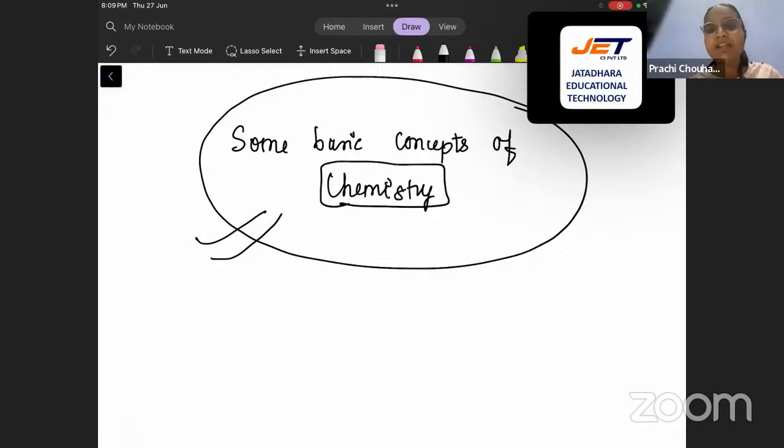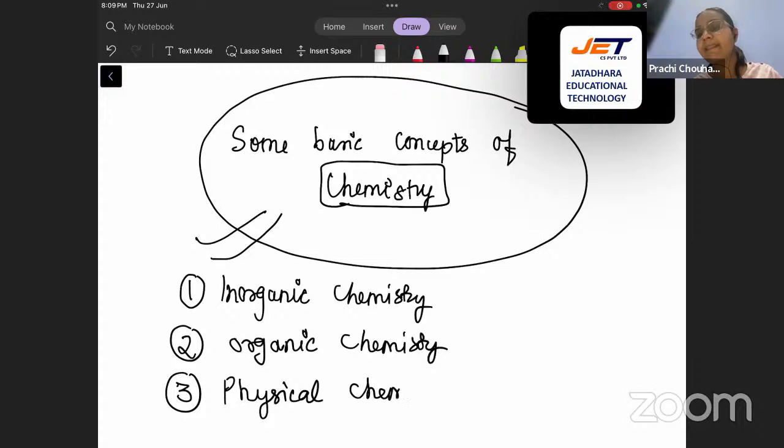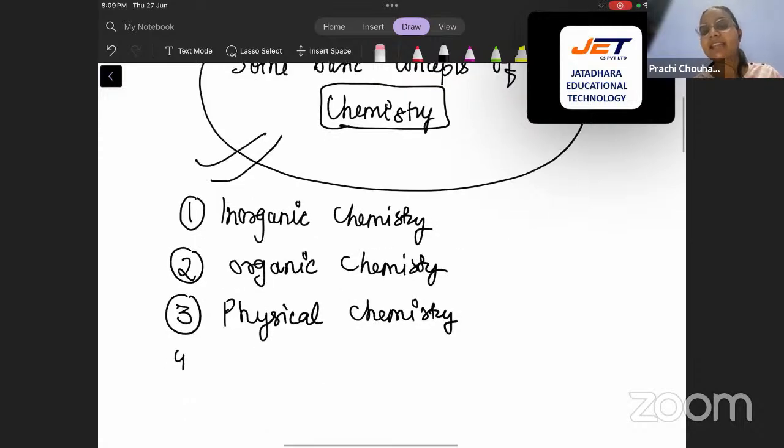So the first branch of chemistry that we will be seeing is inorganic chemistry. Then we have organic chemistry. After that, we have physical chemistry. And the other one is analytical chemistry.